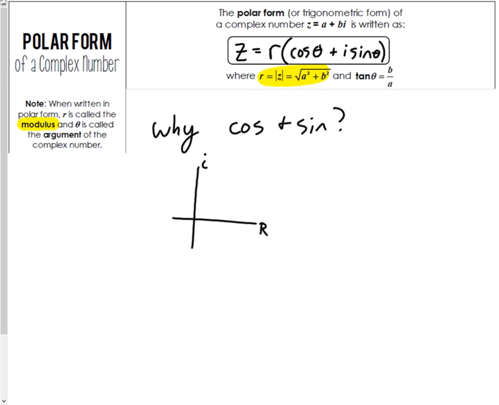So when you're thinking about your xy points, something like that dot right there, keep in mind we use our cosine theta to describe that first coordinate, that x-coordinate, that real coordinate, and we can use our sine theta to describe that imaginary coordinate or that y-coordinate.